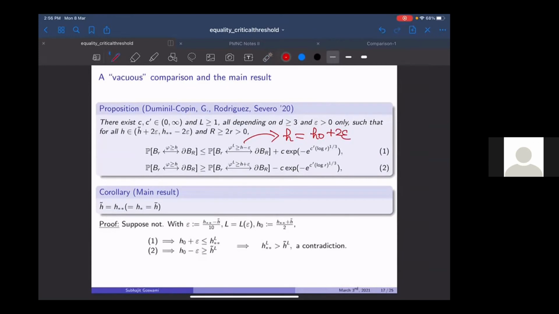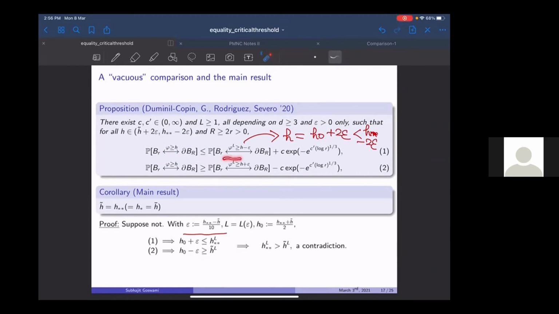Notice that this definitely lies strictly less than H star star minus 2 epsilon because of this choice. Well, then I'm within my wiggle room, within this fictitious regime, so this is valid.